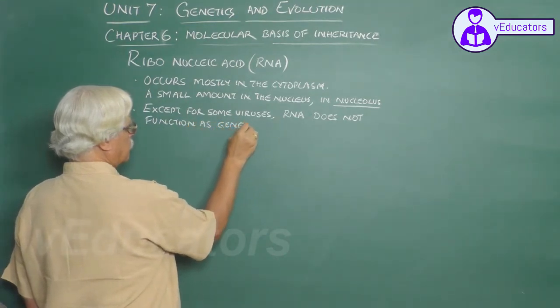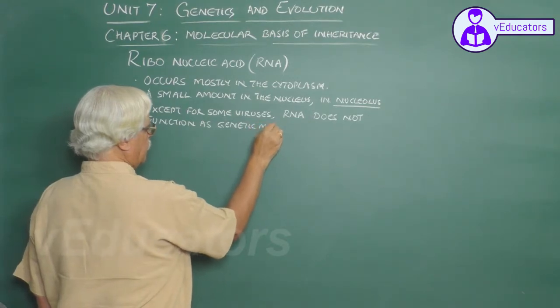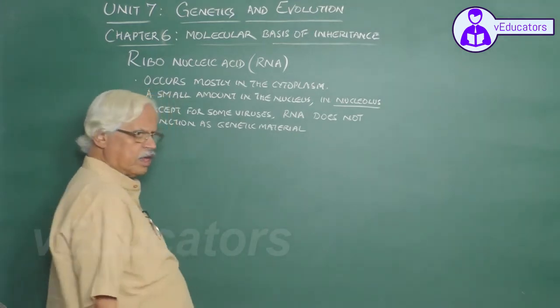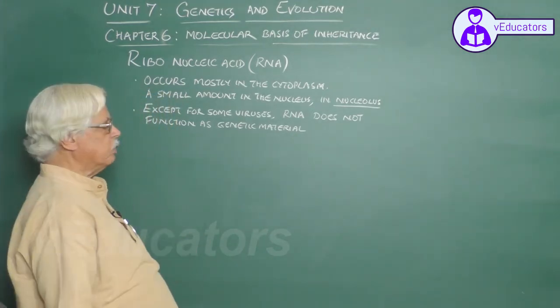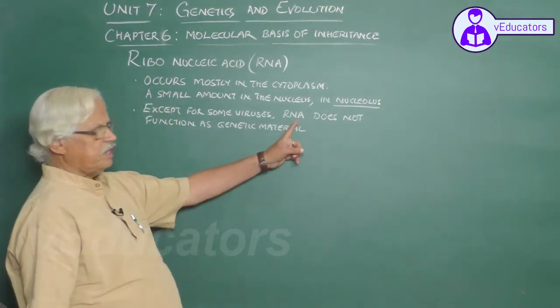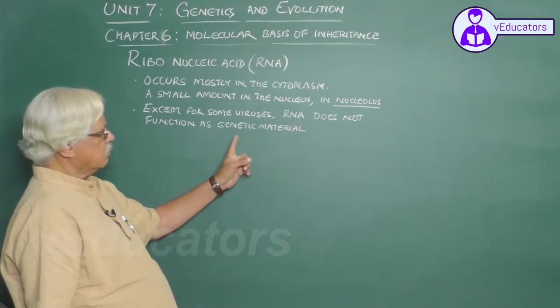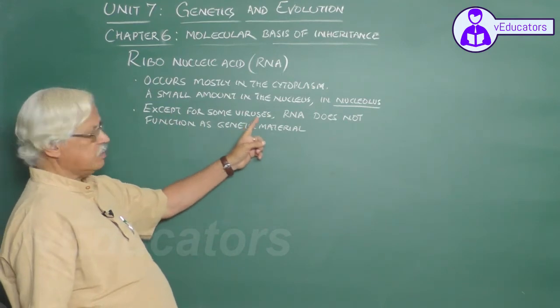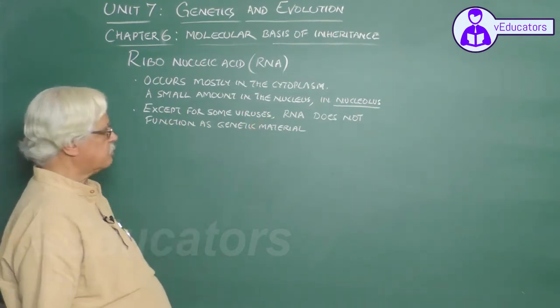We have seen that DNA is the genetic material in all living organisms, from bacteria to human beings. Nowhere does RNA function as the genetic material except in the case of some viruses.